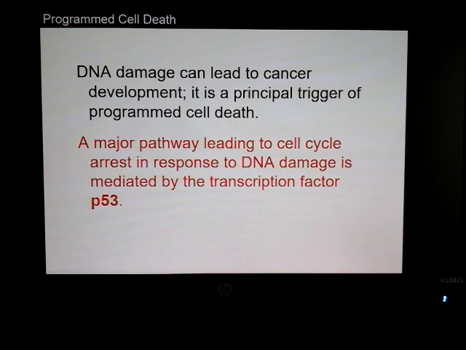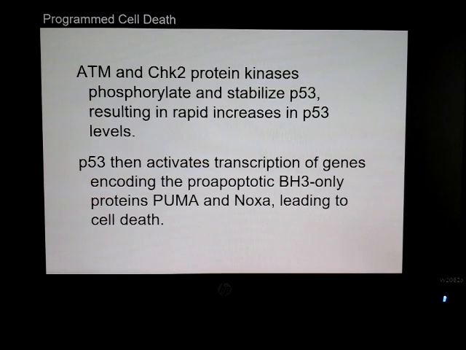So a key player in programmed cell death, guys, is p53. And it will actually arrest cells in response to DNA damage. So that's what its effect is. We also have a couple of other players in here, ATM and another protein kinase Chk2, and they will phosphorylate and stabilize p53, resulting in increases in those levels.